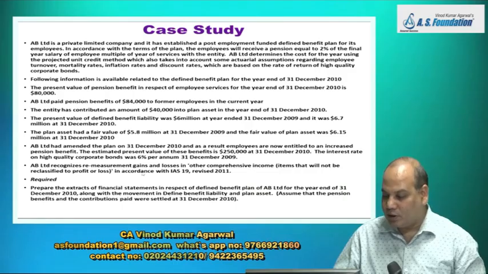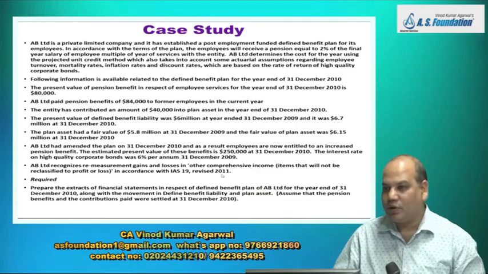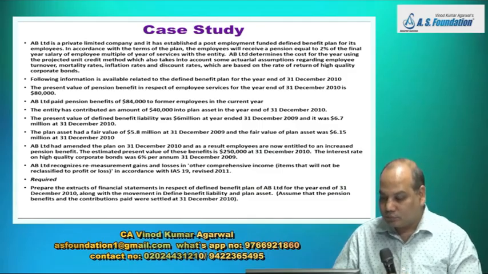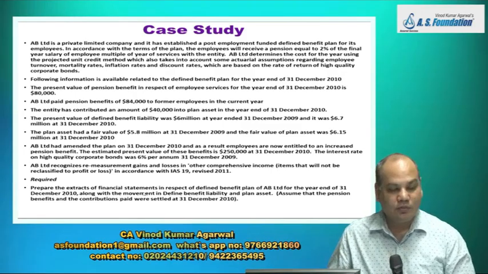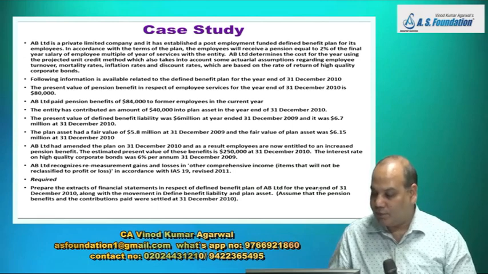AB Limited recognizes remeasurement gains and losses in OCI, that is an item that will not be reclassified to P&L account, in accordance with IAS 19 revised in 2011. Required: prepare the extract of financial statement in respect of defined benefit plan of AB Limited for the year ended 31st December 2010 along with movement in defined benefit liability and plan asset.